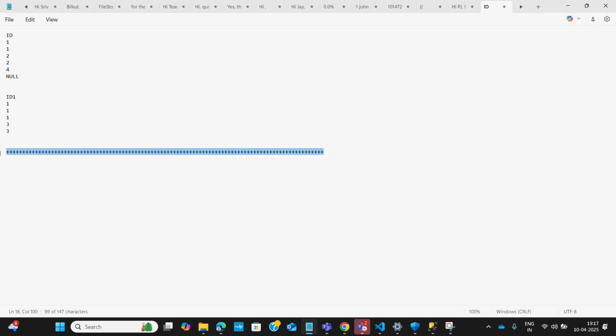So now I'll tell you what would be the output of inner join. Same thing which we have done in the previous scenario. What are the common things here? 1, 2, 4, and then null.